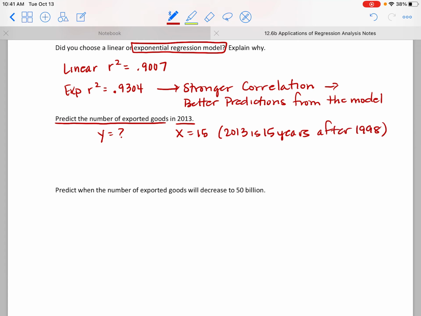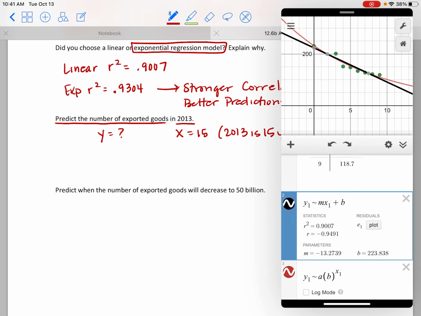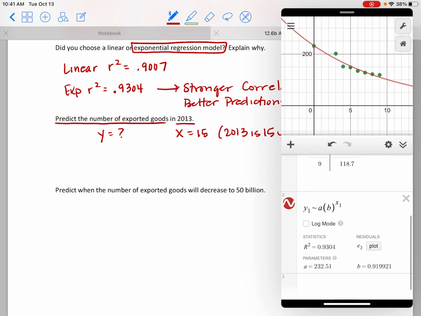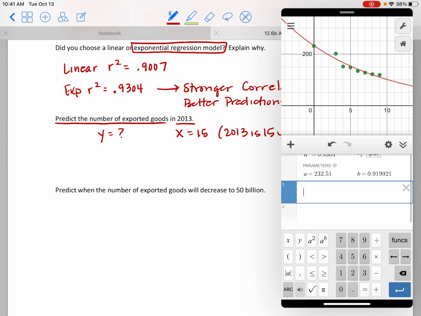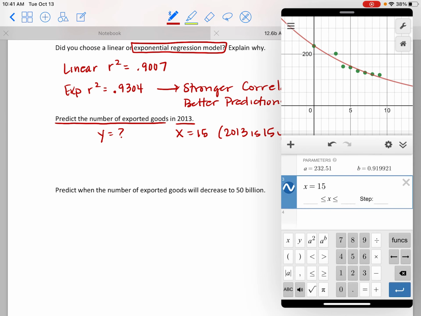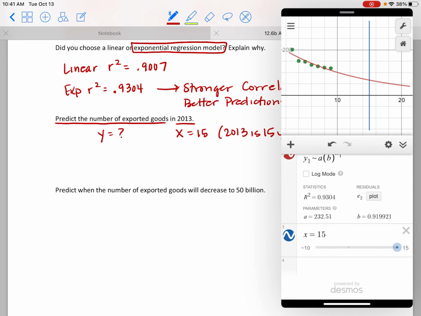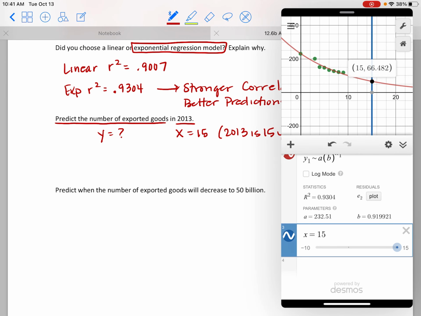Okay, so if I want to predict a y value when x equals 15, then I'm going to put x equals 15 into Desmos here. So go to a separate line. Let's type in x equals 15 and look for the intersection with that vertical line and my regression model. And so I see an intersection at 15, 66.482.